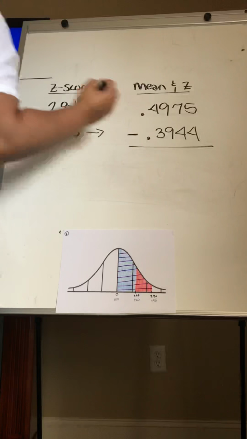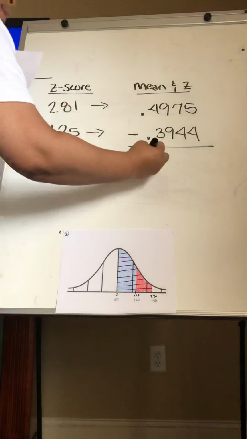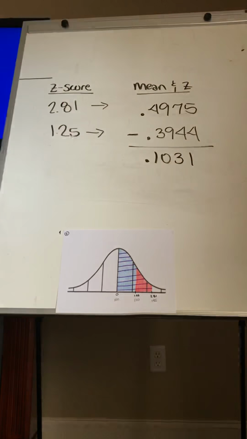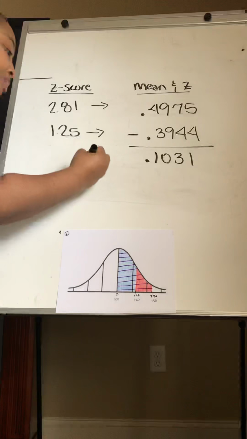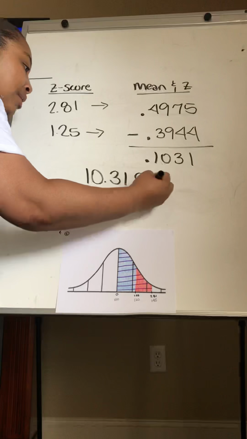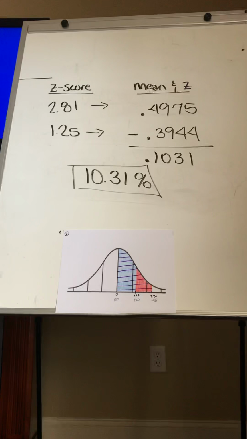And again, I'll subtract the two measurements. That would give me 0.1031. So that would be the actual measurement for the red piece. But I want to know it in percent form. So that would be 10.31%. Move the decimal 2 places to the right.